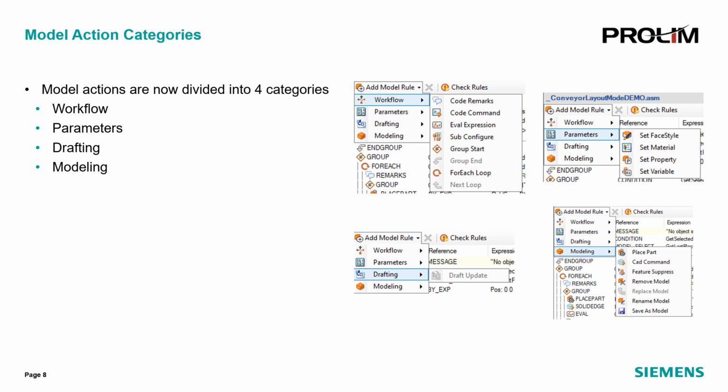Under parameters, we have the option to set the face style, material properties, and variables. Under drafting, we have the option to update the draft. And finally, under modeling, we have the option to place part, some CAD commands, feature suppress, replace or remove the model, rename, and save the model. Now in this latest version, each and every model action is very nicely categorized, which saves you some time to find each and every model action in a single group.